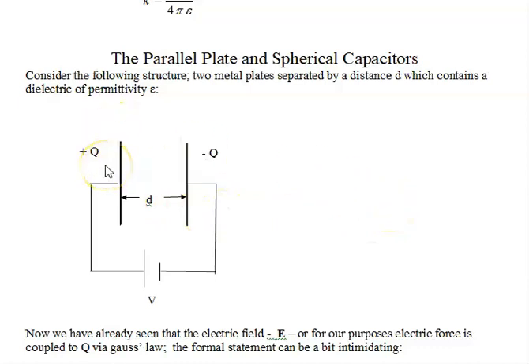Now, Gauss's law tells us, and intuition tells us, that whenever there's a charge, there is an electric field. So we expect to have an electric field between the two electrodes in the space d.